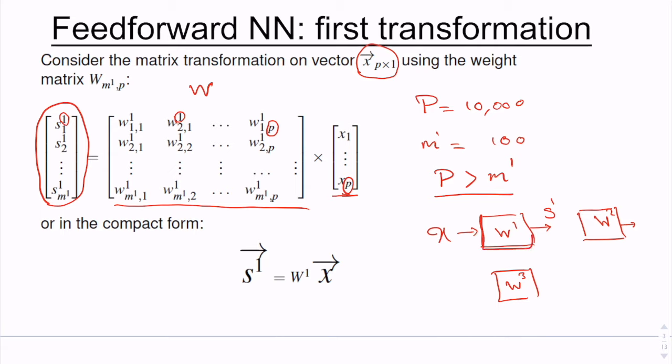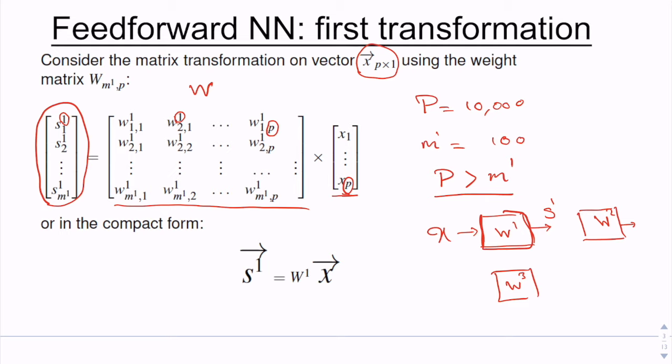The first layer is usually called the hidden layer. So in neural networks, we have the input layer, we have hidden layers, and then we have the output layer. We have one input layer, we might have more than one hidden layer, and we have only one output layer. So in here, we consider one input layer, one hidden layer, and one output layer.